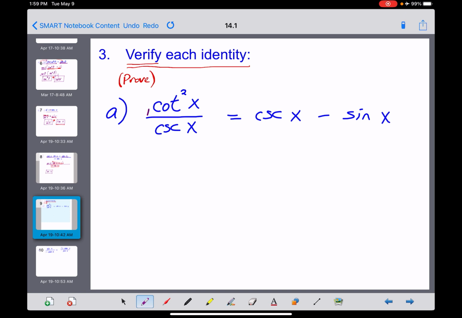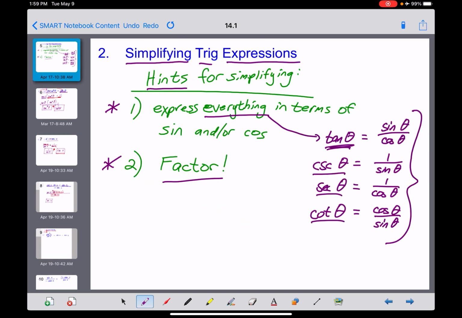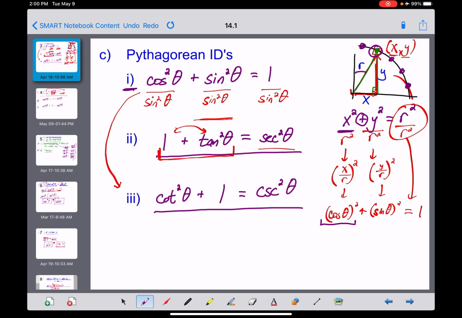What I notice is that I've got a cotangent of x squared, all by itself, not a binomial expression. There's not a +1 or a -1. So anytime you see a trig ratio squared, I'm going to go back a few slides here, guys, to the page on Pythagorean trigonometric identities, which is right here.